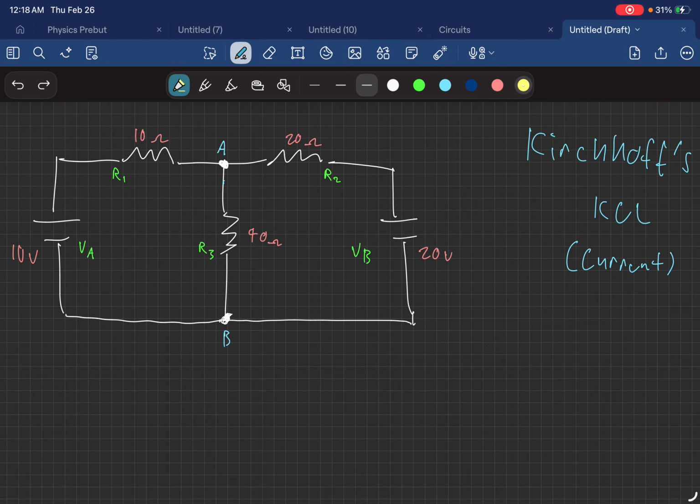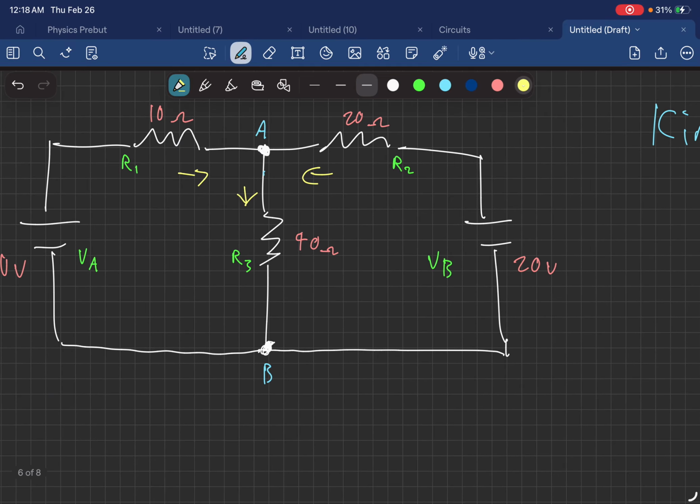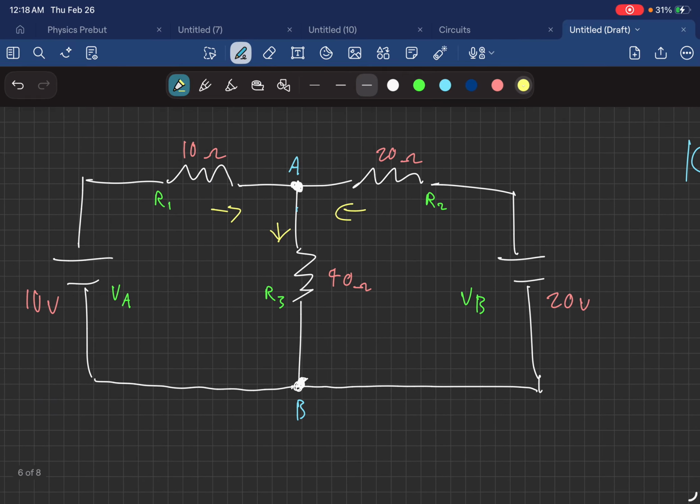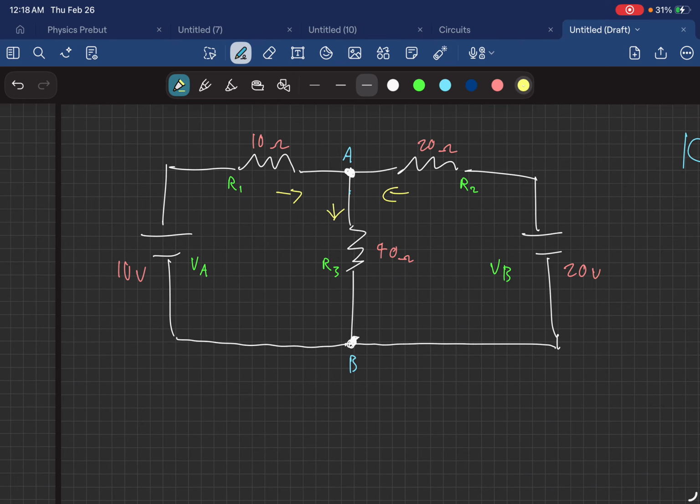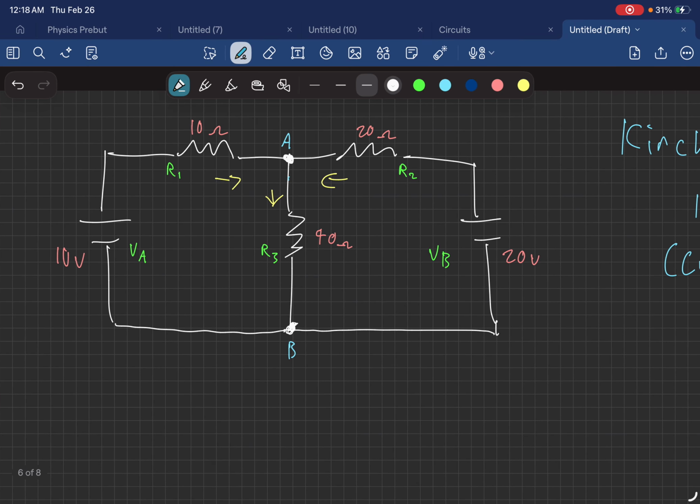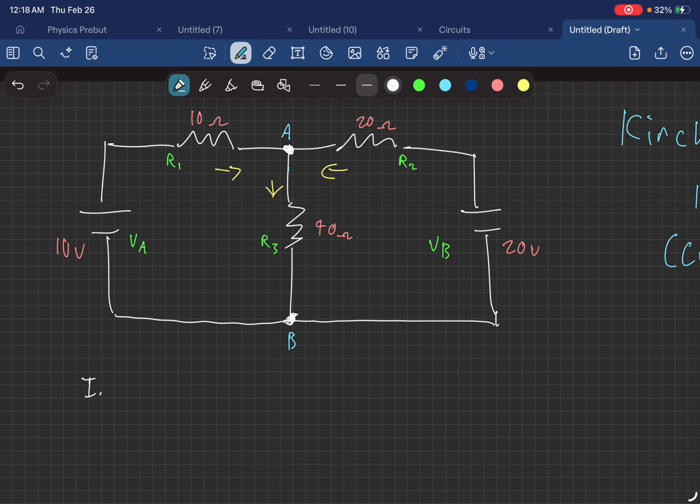You can say that I1 is going in the node, I2 is going in the node, and then it comes back going towards the resistor, which is your I3. So you can assume it in this way, to where I1 plus I2 minus I3. Of course, this is negative because it is leaving the node.